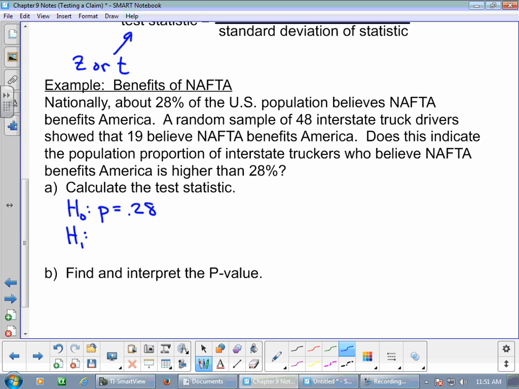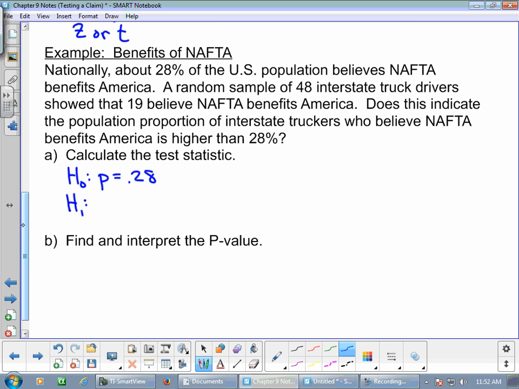That's the national percentage. And then our alternative: we can be more specific than that. Is a higher percentage of truck drivers, right? So the assumption is it's probably not less. Truck drivers in general are probably benefited more by NAFTA than the general population.